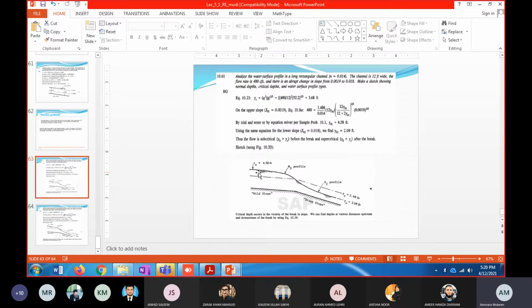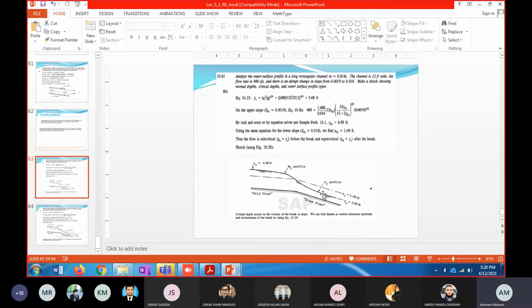So first the slope was mild and then it became steep. So where there is a change in slope, that is the control section, so the water surface profile must pass through the critical depth line.